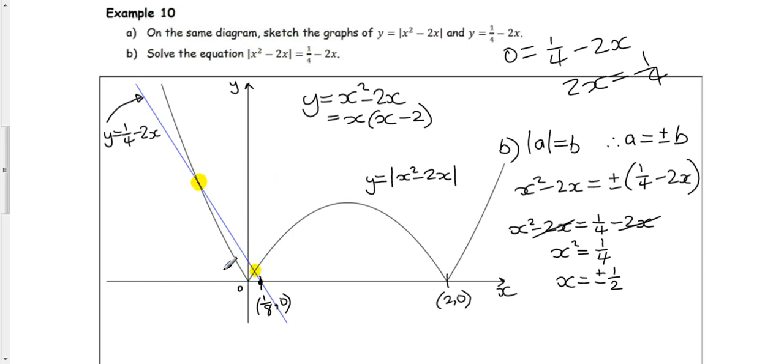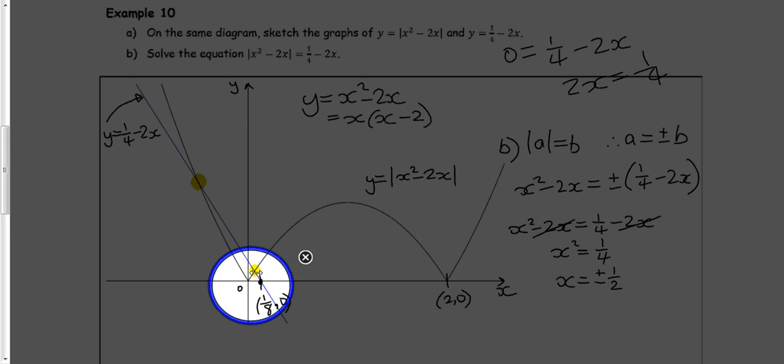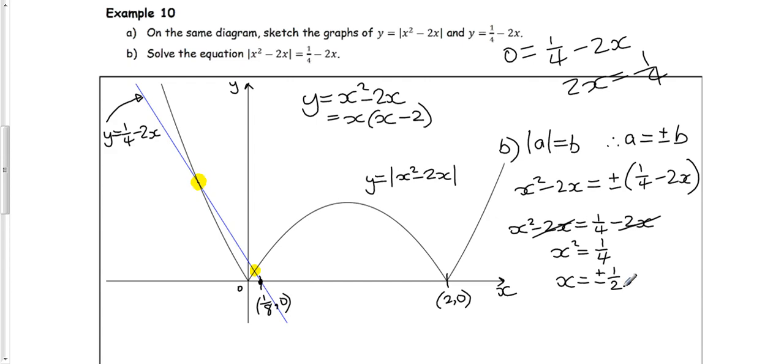This solution here, x is between 0 and an eighth, which means a half is definitely not possible. So I'm going to write down here, x equals a half is not applicable. Our graph tells us that x cannot equal a half. That would not be a solution to these two equations. I'm going to go back and solve the other possibility, and then see what possibilities that gives us.